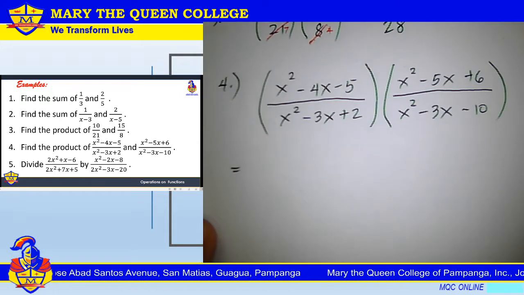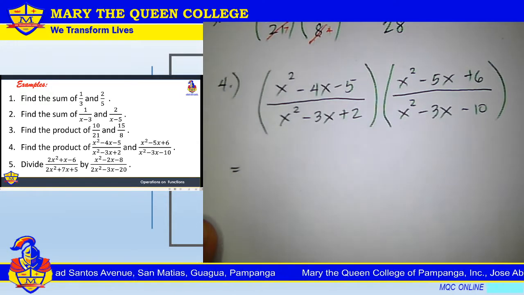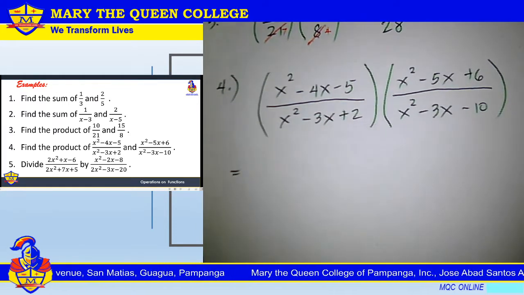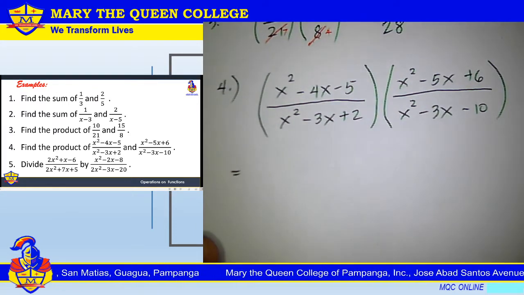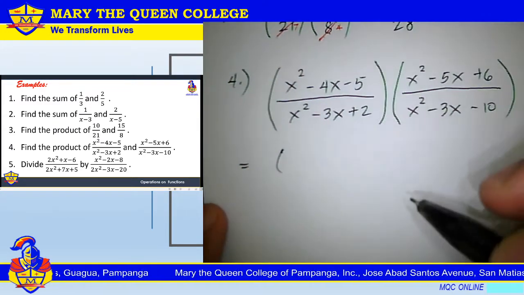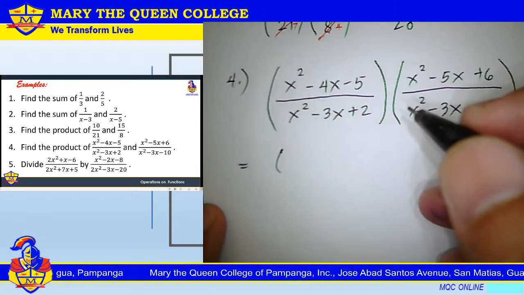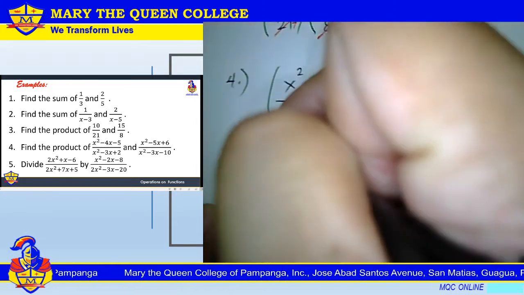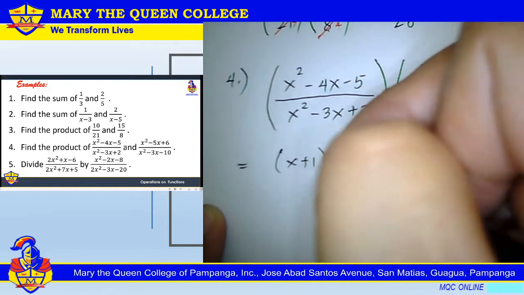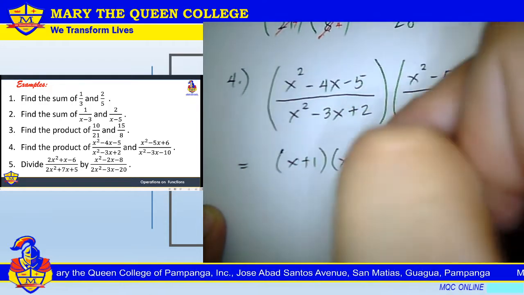Okay? So, if we will factor out our numerator, so we have the factor of x squared minus 4x minus 5 would be x plus 1 multiplied to x minus 5. Okay?